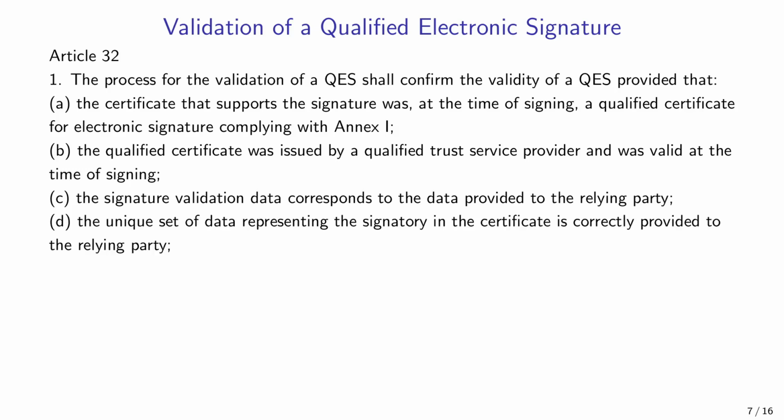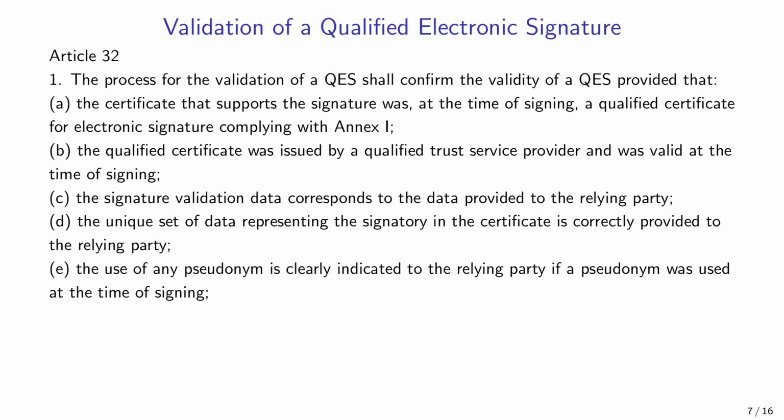D, the unique set of data representing the signatory in the certificate is correctly provided to the relying party, meaning that personal data in the certificate should allow the signer to be identified. In practice, the certificates contain the name and the personal identification code of the signatory, so this should not be a problem.